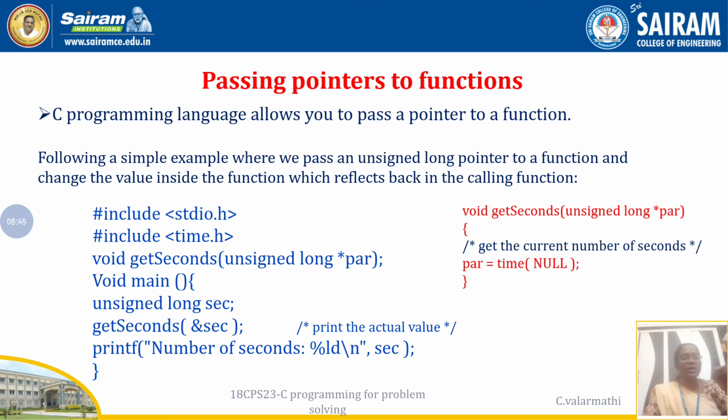So par is equal to time(NULL), which gets the current number of seconds. At that time, whatever the current second is, that is printed in the printf statement using seconds. So this is how we can pass pointers to a function.